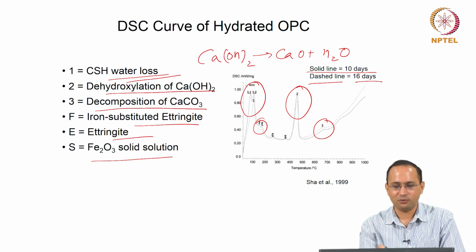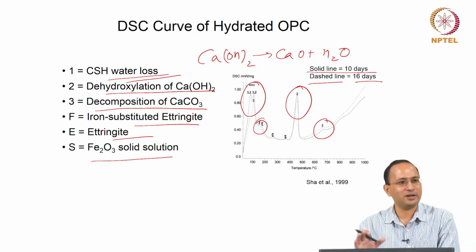So, calcium hydroxide, when you heat it up, it will start decomposing only at around 450 degrees Celsius. I have a slide on that, so it will be more clear, right. So, in a Portland cement system, a peak around 450 degrees Celsius tells you that it is Portlandite, because that is where the Portlandite, calcium hydroxide, dehydroxylates, okay.